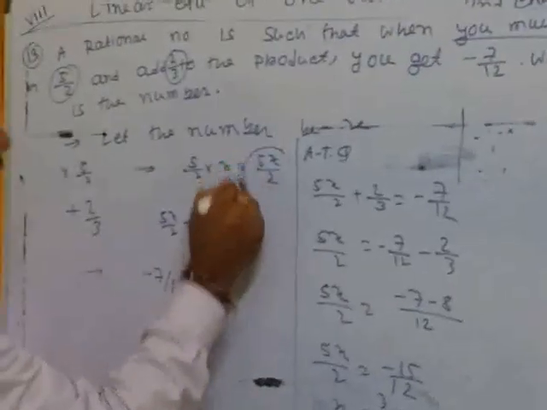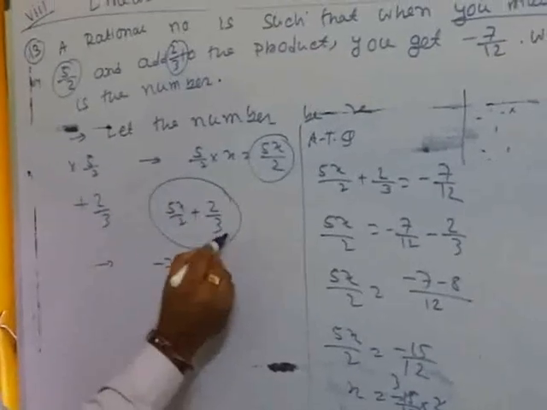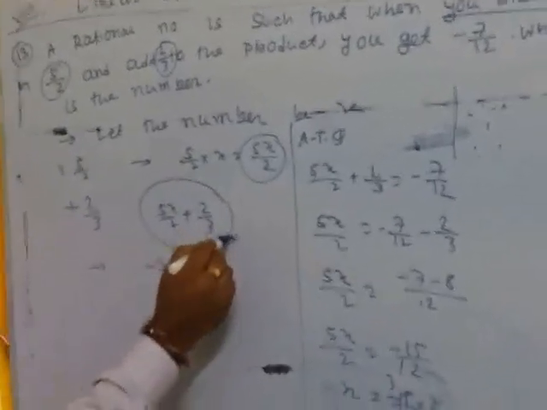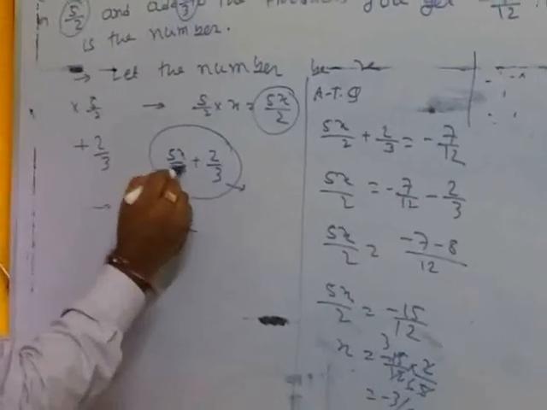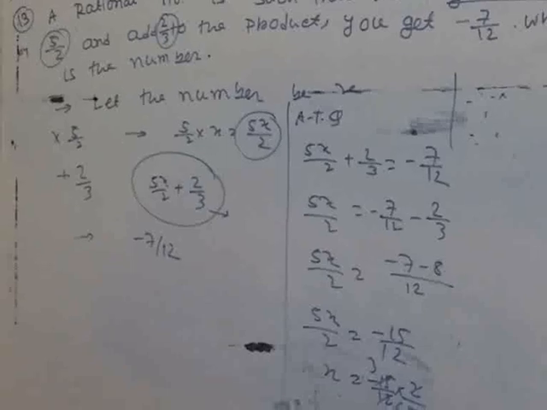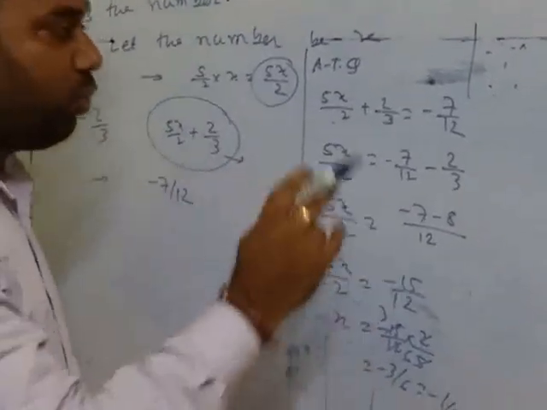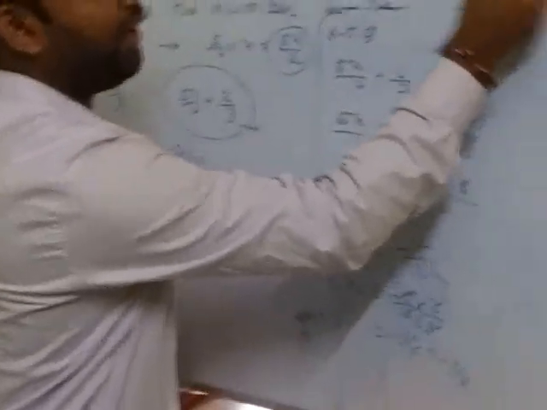The result is 5x by 2 plus 2 by 3. So according to the question, after multiplying by 5 by 2 and then adding 2 by 3, we get minus 7 by 12.